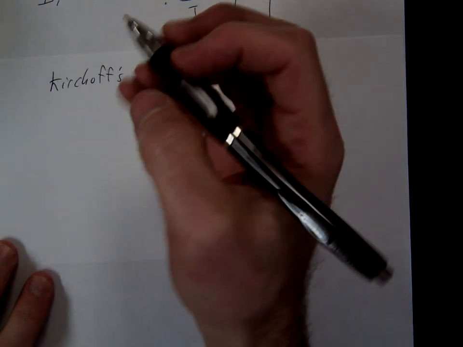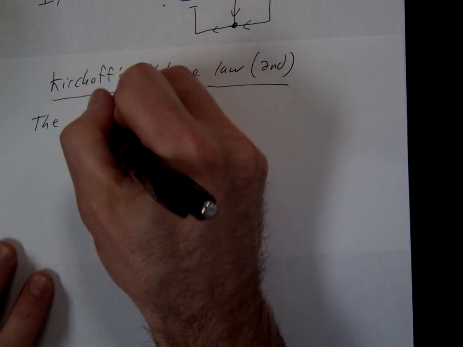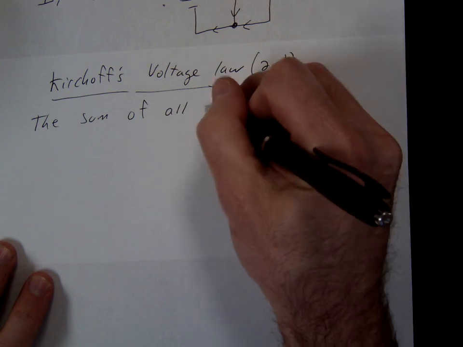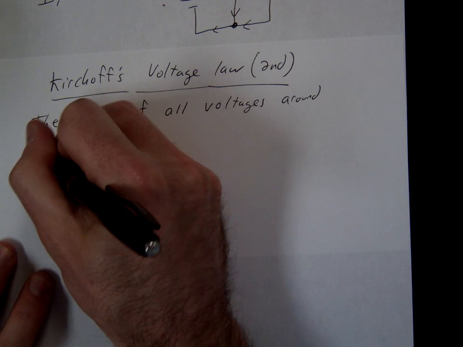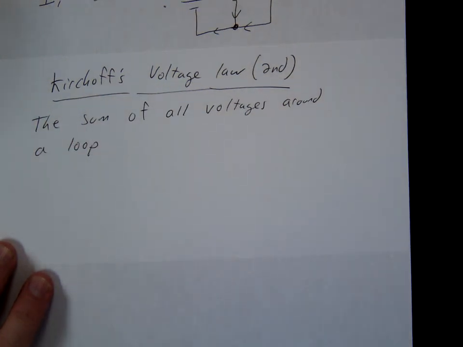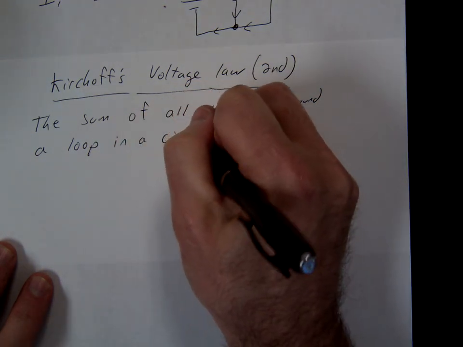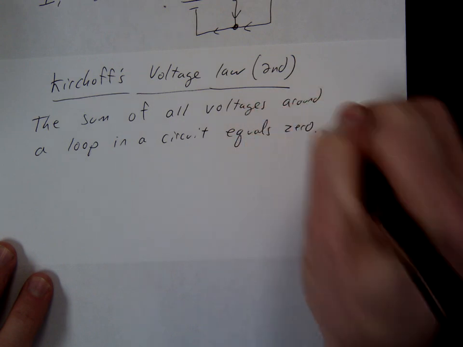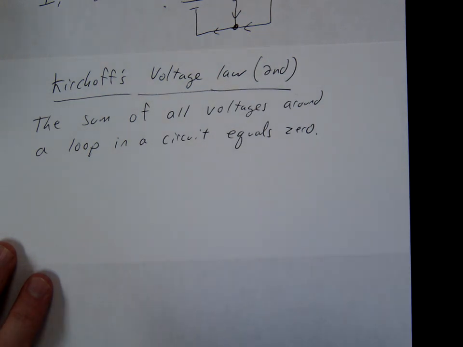So Kirchhoff's voltage law says this: the sum of all voltages around a loop, this law is sometimes called the loop law, or Kirchhoff's loop law, equals 0. So the sum of all voltages around a loop in the circuit will equal 0.